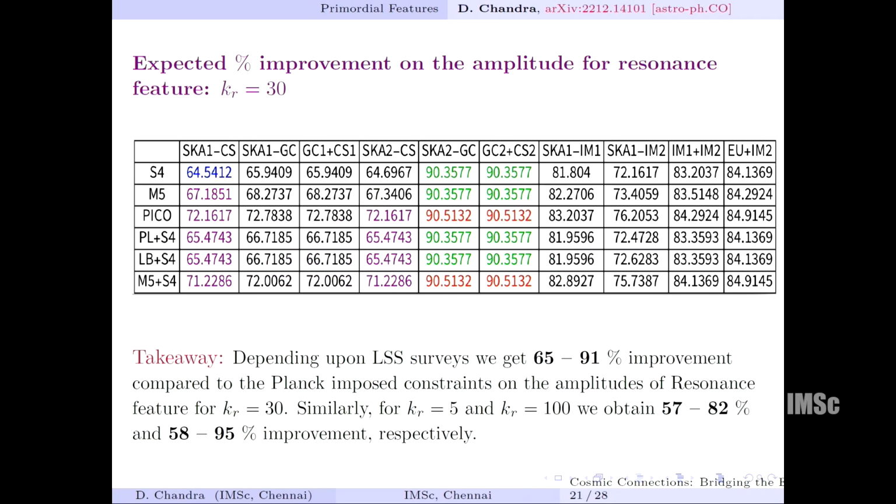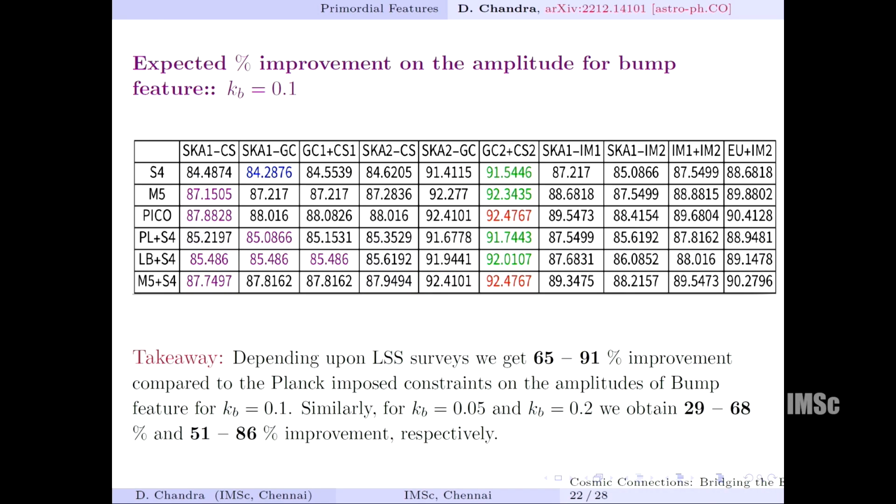For the resonance feature, for characteristic scale 30 we are getting from 65 to 91% improvement, and for the characteristic scales 5 and 100 we are respectively getting from 57 to 82% and 58 to 95% improvement in the bounds.